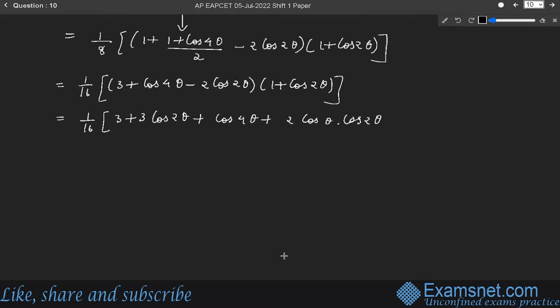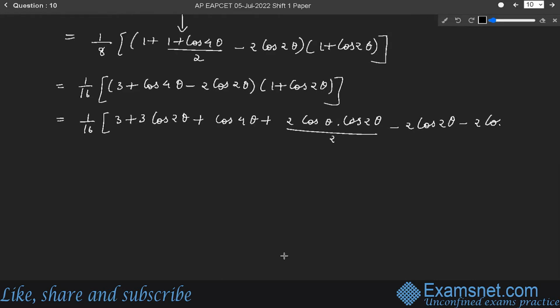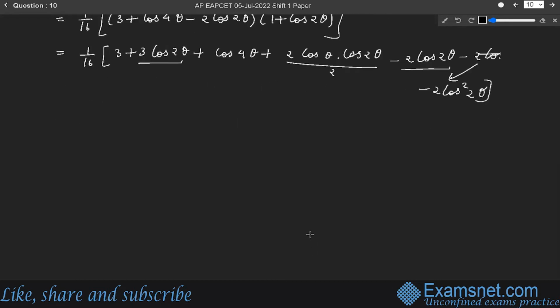divided by 2, minus 2 cos 2θ minus 2 cos²2θ. See, it will be minus 2 cos²2θ. Now, 3 cos 2θ minus 2 cos 2θ is cos 2θ.